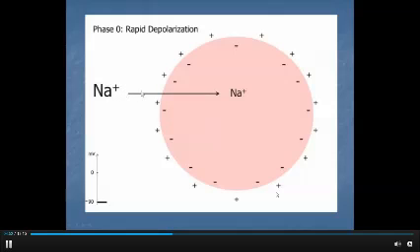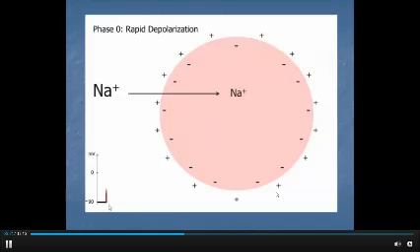So that also adds an electrostatic force that drives the sodium into the cell. As sodium enters, it brings its positivity with it, and the membrane becomes less and less negative on the inside and less positive on the outside, and eventually reaches the point where it changes its polarity, hence the name depolarization.